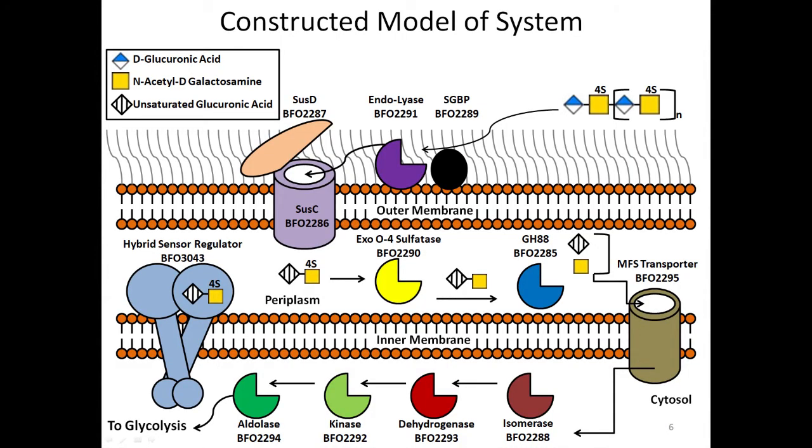I've constructed a model of the system based on similar systems found in Bacteroides thetaiotaomicron, as well as by using PSORT to predict the localization of some of the proteins, and my research focuses on the early stages of the system.